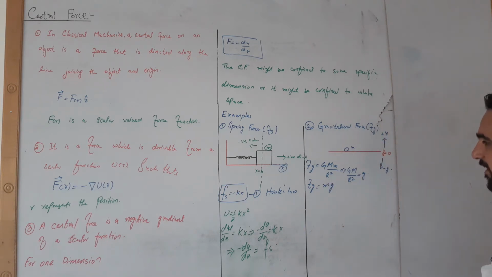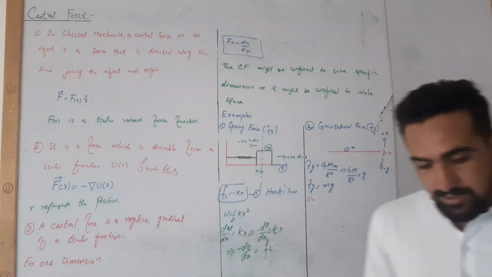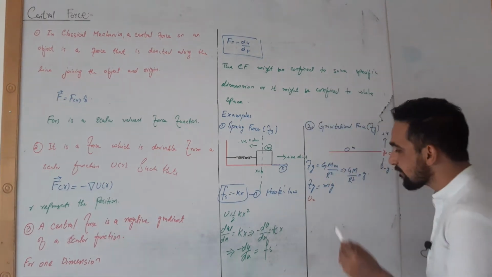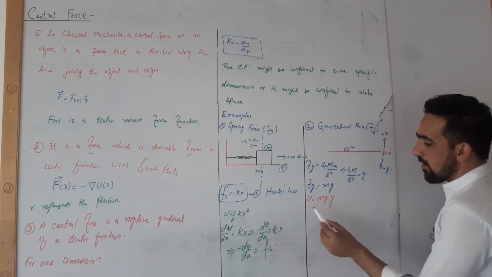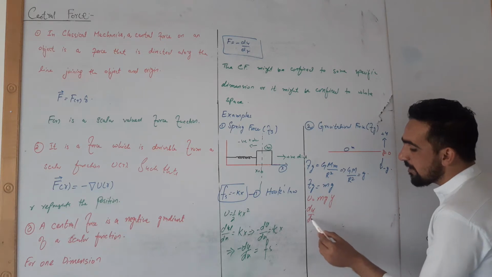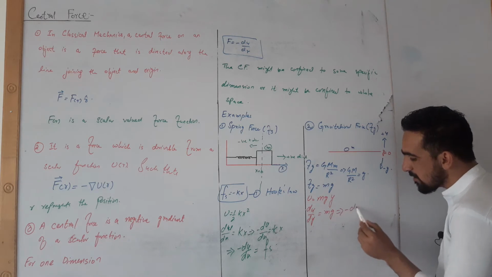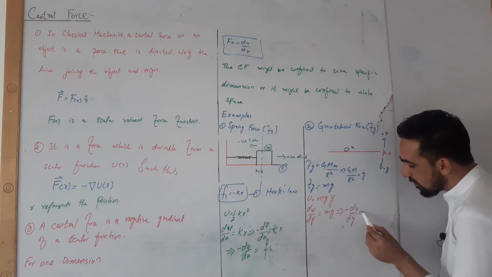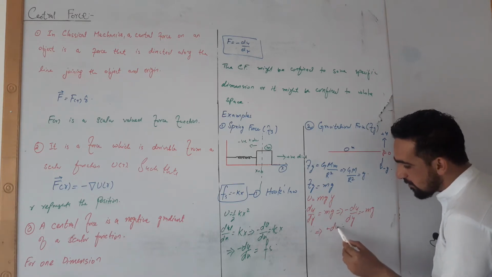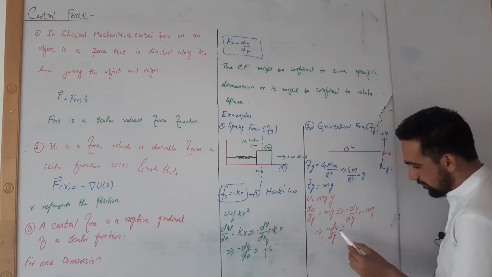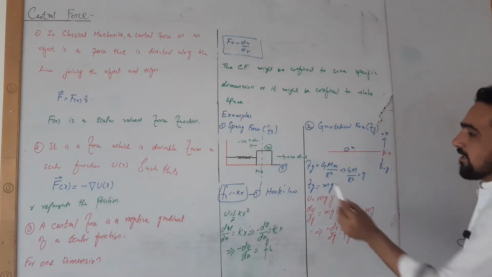Okay, the gravitational potential energy U could be written as mgy, or du by dy is equal to mg. This implies that minus du by dy is equal to minus mg, which is the gravitational force.